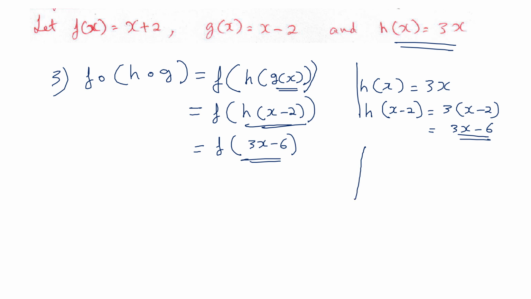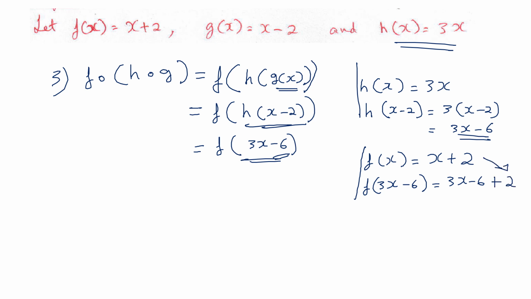For which we already have this f of x as x plus 2. So in this case, it is f of, in place of x, what we have here? In place of x, we have this 3x minus 6. So this is x plus 2. So x means 3x minus 6 plus 2.